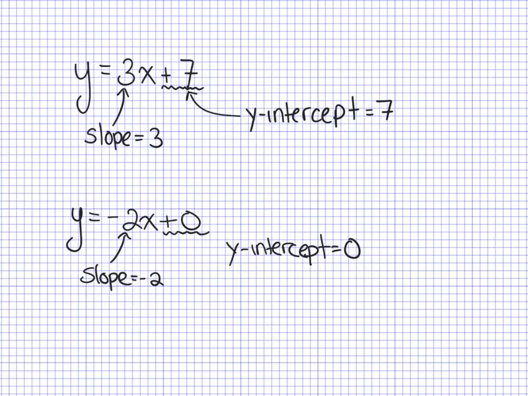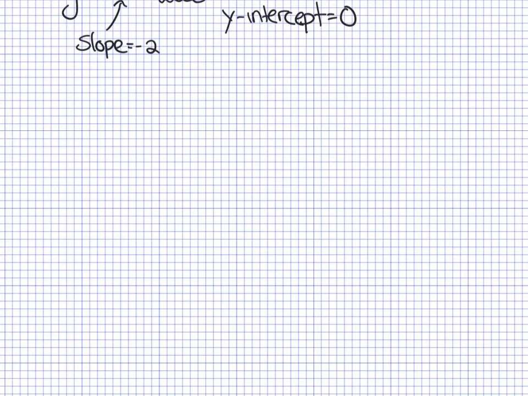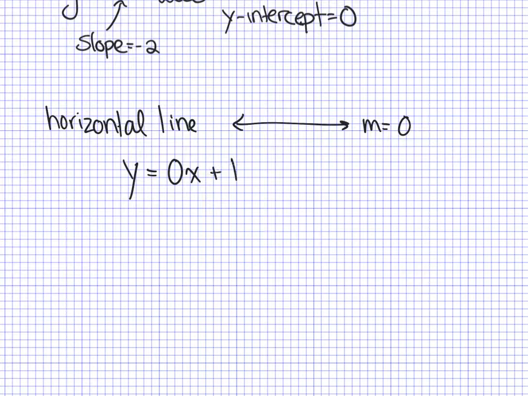And then what would a horizontal line's equation look like, or a vertical line's equation? So if you had a horizontal line, you know that your slope is going to be 0. So if you had y equals 0x plus b, as soon as you put that 0x in, this term is now gone, because 0 times x is just going to be 0 no matter what.